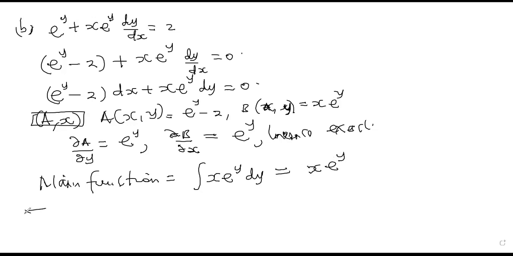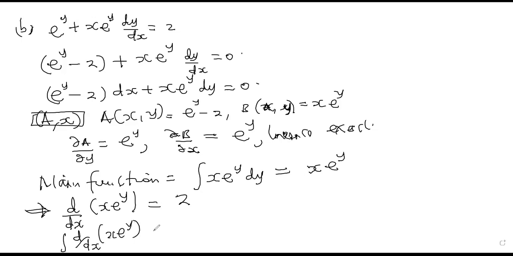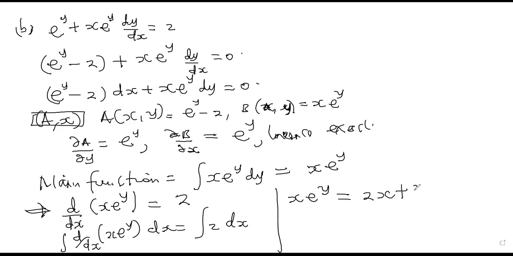Then the derivative of the main function x e^y should be equal to 2. I will integrate both sides: the integral of d/dx of x e^y dx should equal the integral of 2 dx. When you integrate the derivative, you get that very function. So x e^y should be equal to 2x plus a constant of integration. That is how we work this out.